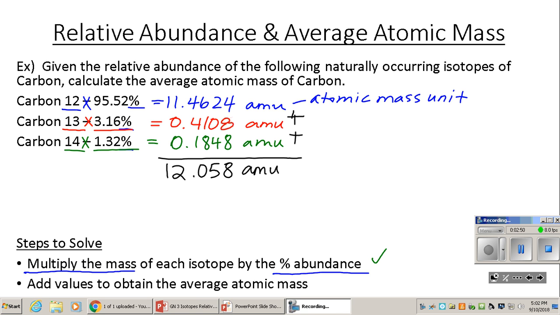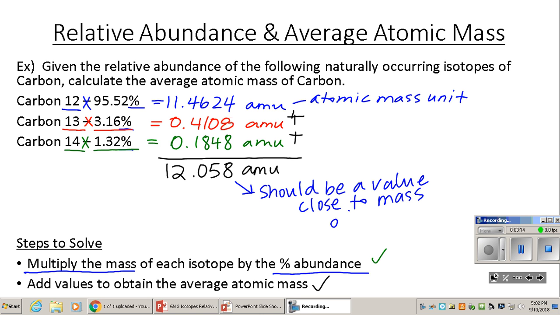We simply have to do these two steps: multiply mass times percent and add that all together, because this is a weighted average. And what you should notice when you calculate a weighted average is that this average atomic mass really should be a value that is very close to the mass of the highest percentage.